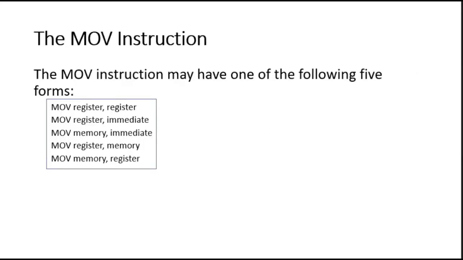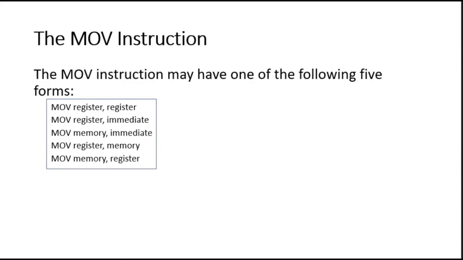So no need to go over this. But it's important to mention that the move instruction may have one of the following five forms. You can do move register to register, register to an immediate constant, memory to an immediate constant, register to memory, and memory to register. Now notice this. What else can you not do with a move instruction?